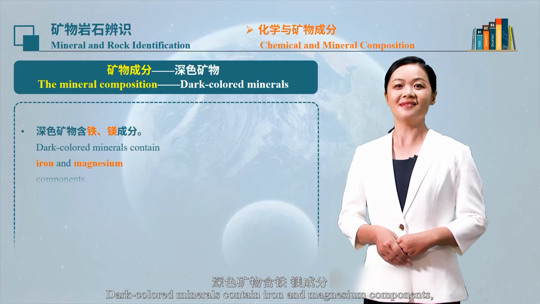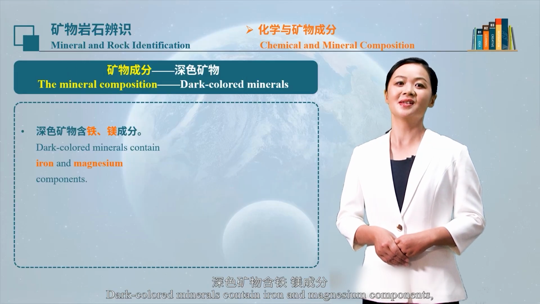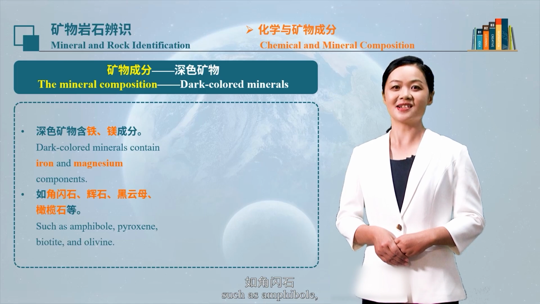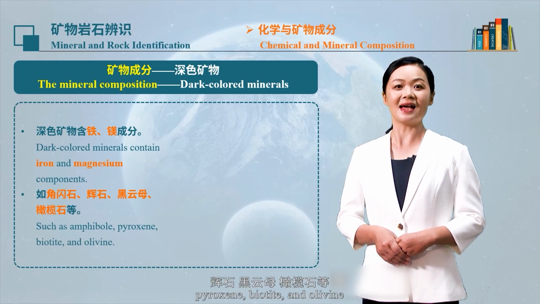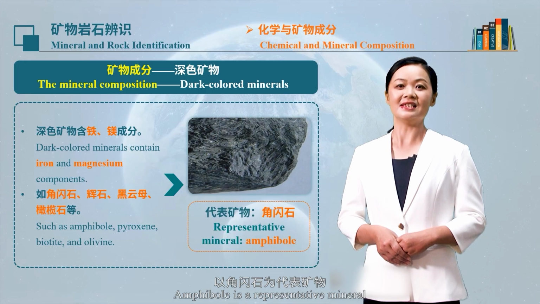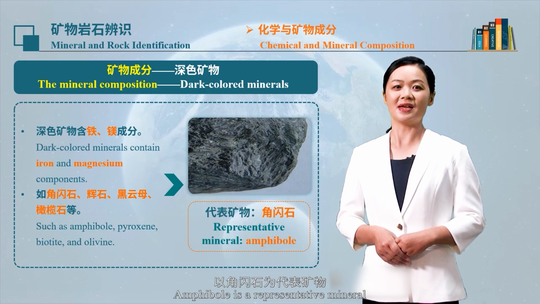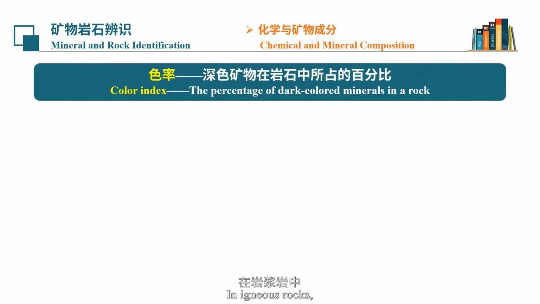Dark-colored minerals contain iron and magnesium components, such as amphibole, pyroxene, biotite, and olivine. Amphibole is a representative mineral. In igneous rocks, the combination of light and dark minerals determines the rock's color. The percentage of dark-colored minerals in a rock is often referred to as its color index.